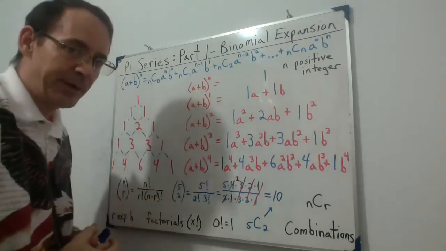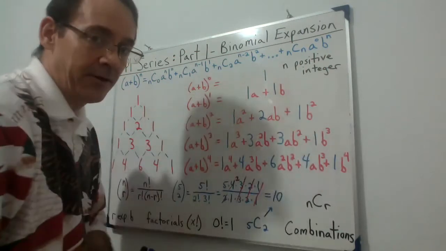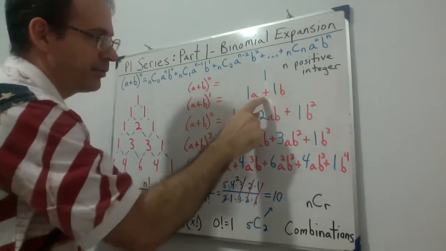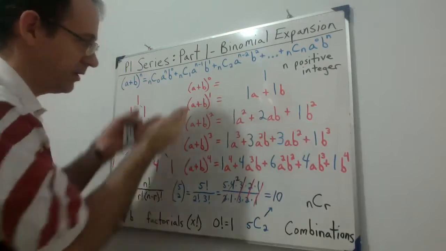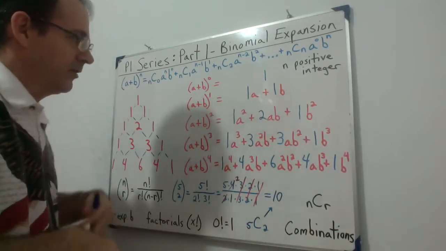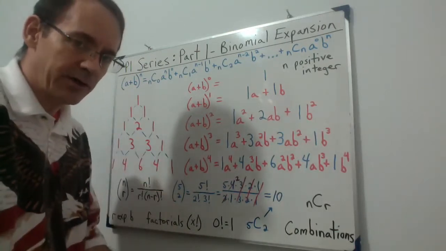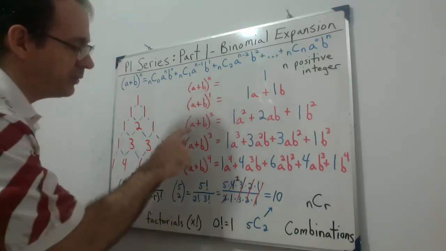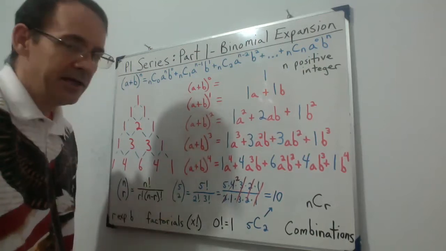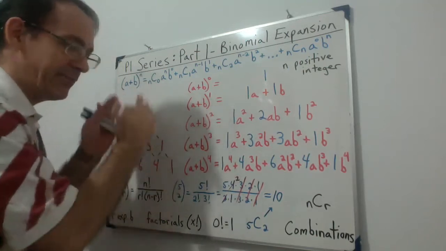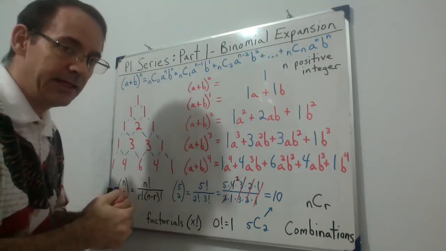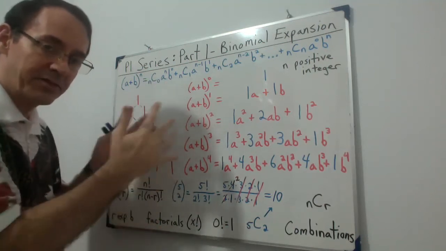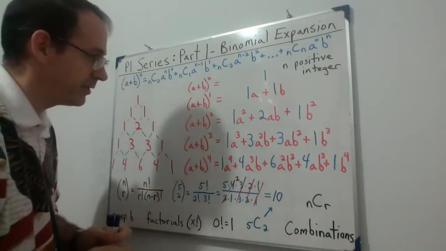Anything to the first power is just itself. So that means you would get 1a plus 1b. You get what's inside. So now as we move forward, things are going to start developing a pattern for us. So as we do (a + b) squared, maybe you're used to doing (a + b) times (a + b) using like the smiley face method or the FOIL method or whatever method you've learned for expanding a binomial.